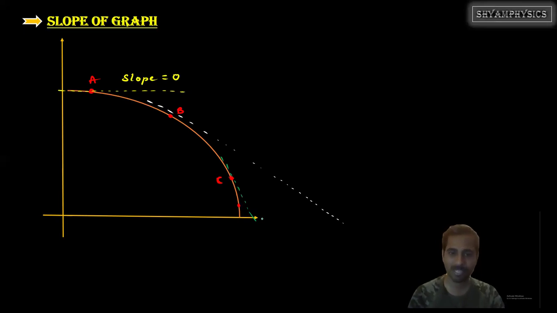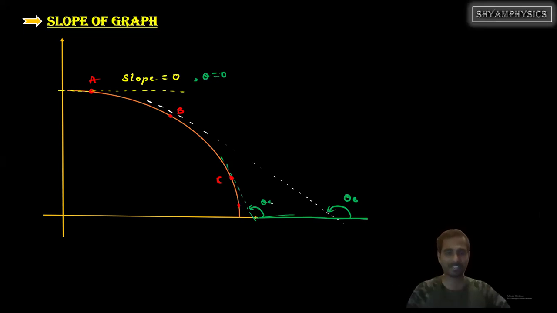I may extend this one, there is no problem. Now coming to the point. At A, slope is 0 because theta is equal to 0. At point B, this is the theta. This is theta for B. This is theta for C.